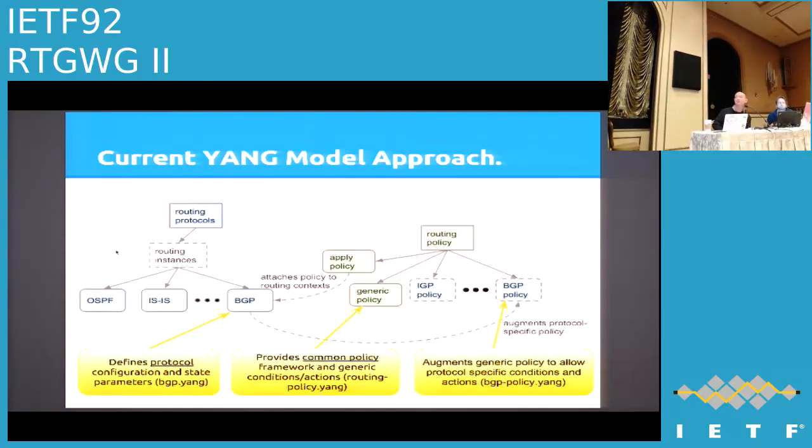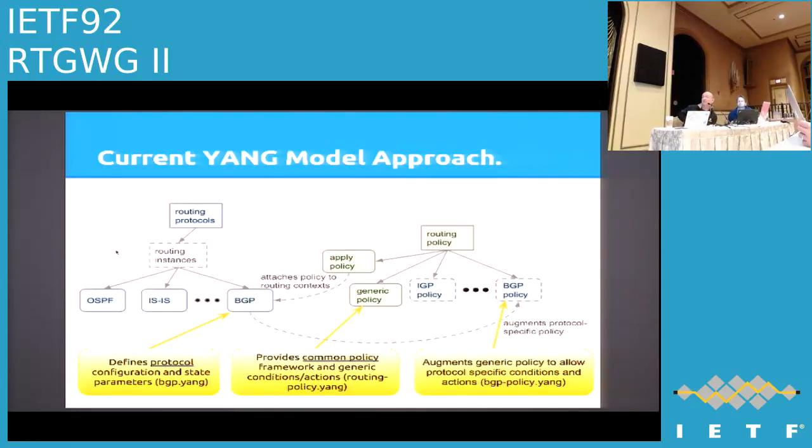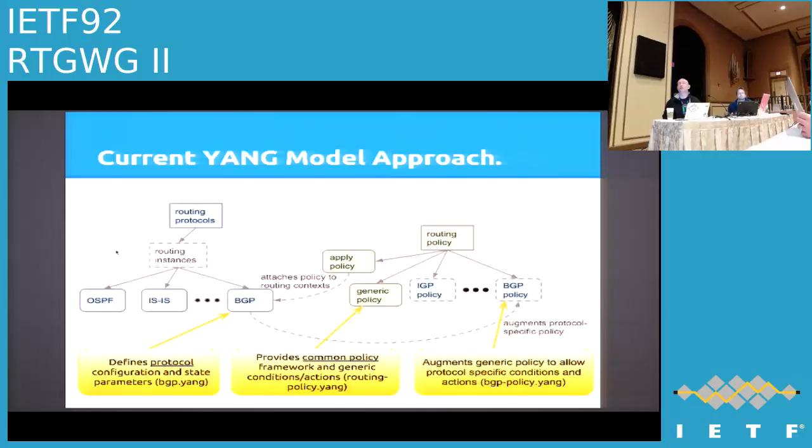I think that's an interesting comment. If we look at the file names here, in the BGP policy.yang, the policy actions are not really adding anything. They're just based on attributes that are already defined.